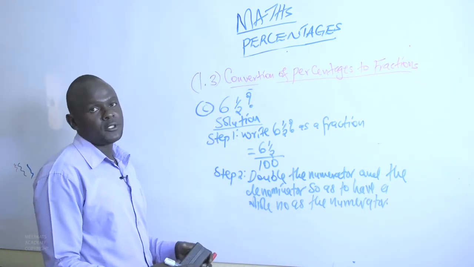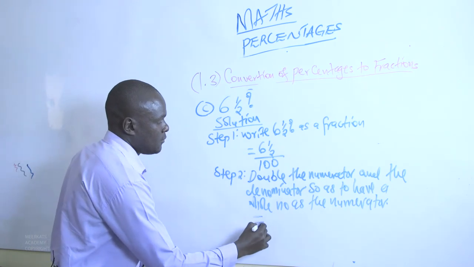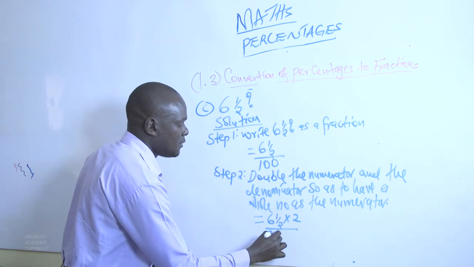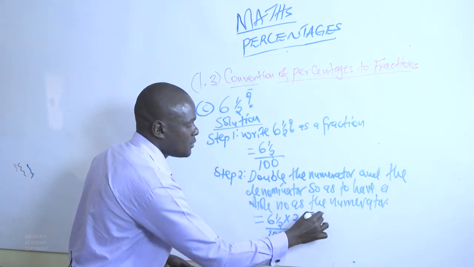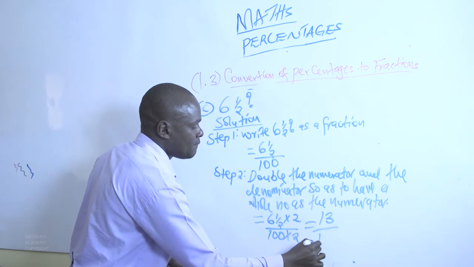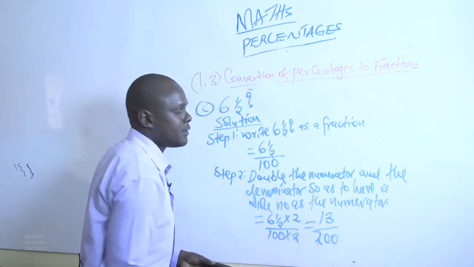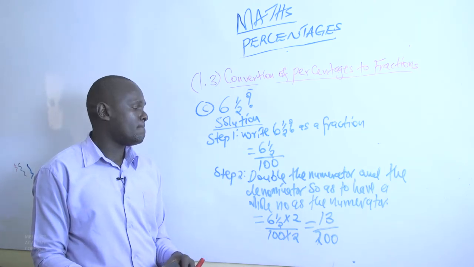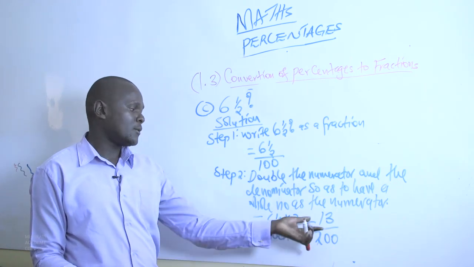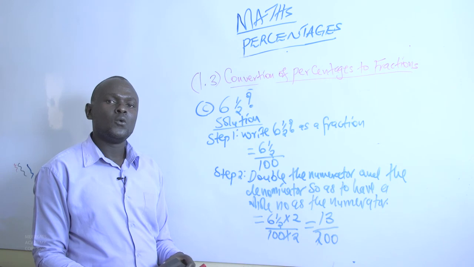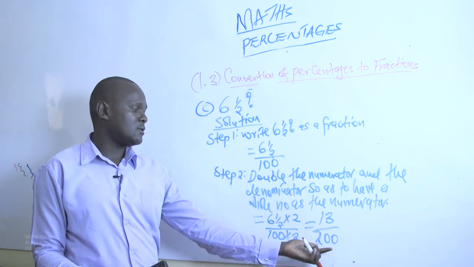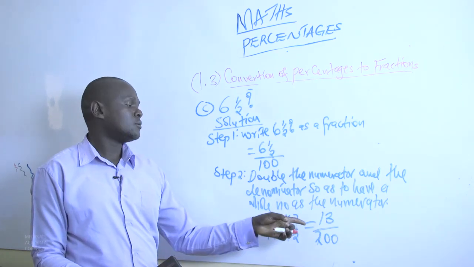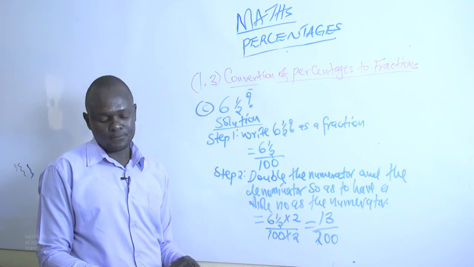And doubling means multiplication by 2 in this case. This will be 6.5 multiplied by 2, and also 100 multiplied by 2. This will give us 13 out of 200. And looking at 13 out of 200, we cannot simplify it any further, because we don't have any common factor between 13 and 200.